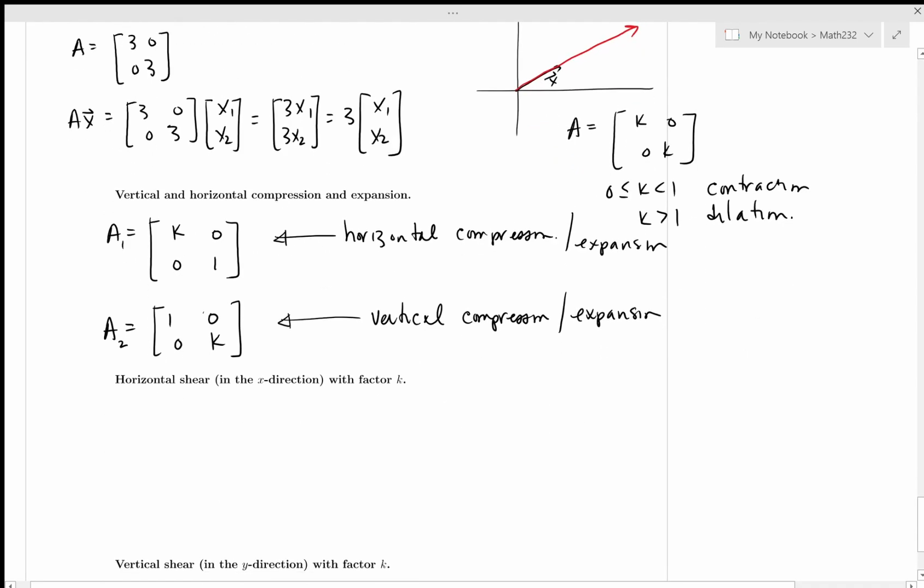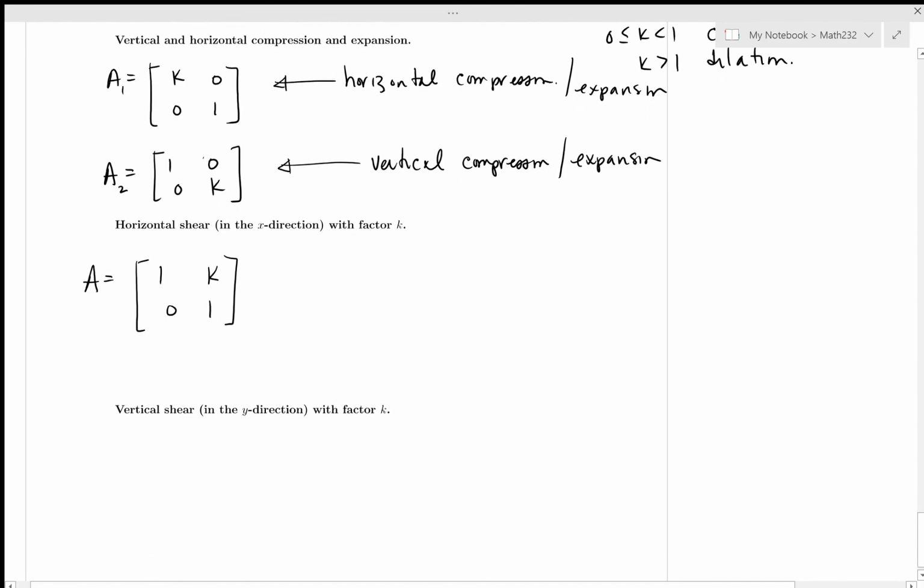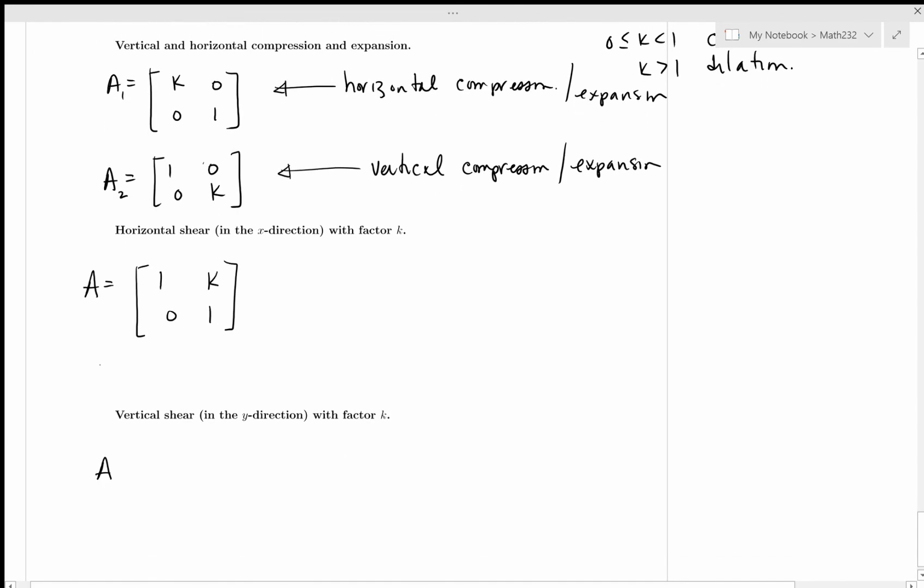Okay, then the other possibility is looking like this. Also it is not length preserving. Looks like that, and coupled with that one, call this say A3, and A4 is this one here. So this is a shear. So a shear in the x direction with factor k, or a shear in the y direction with factor k.